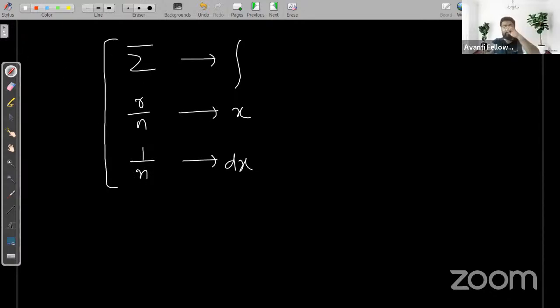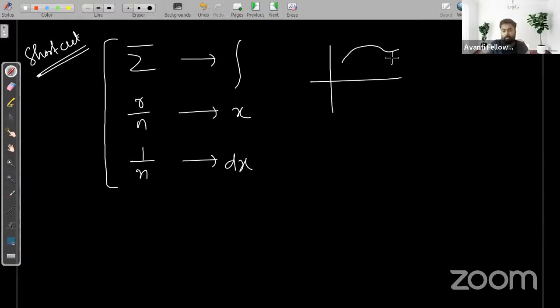This is my shortcut to solve the questions of limit of a sum. All of you know or not? Yes or no? What is limit of a sum? By using limit of a sum, what did we do? It will ask you to find the area in between these.